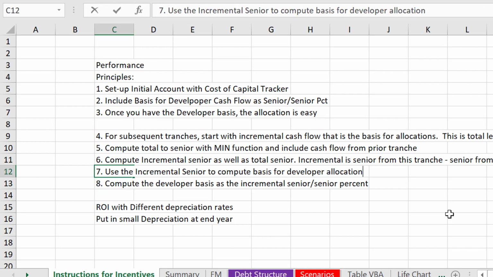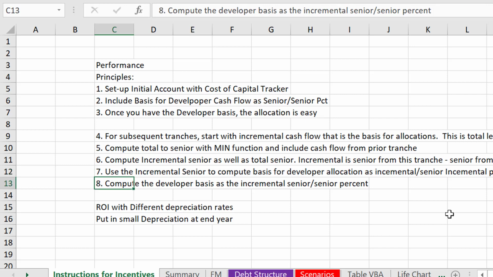This was what I just did in the previous one. Use the incremental senior to compute the basis for the developer as incremental divided by senior incremental percent.